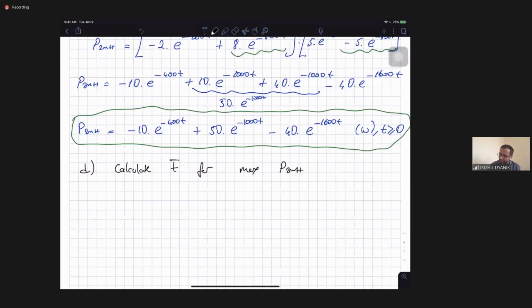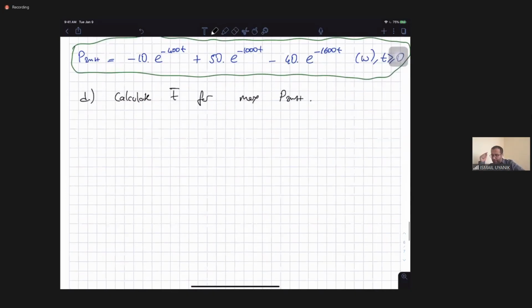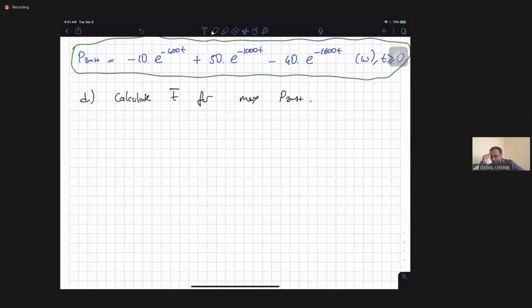So now we have the previous case that we skipped last time. So now we have the power equation. We need to calculate the time instant when we have the maximum power on this inductor.